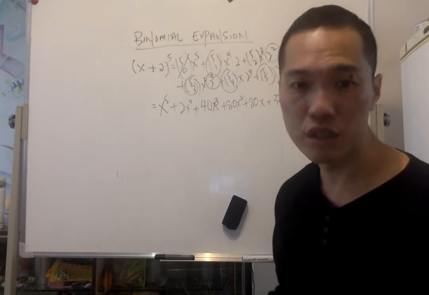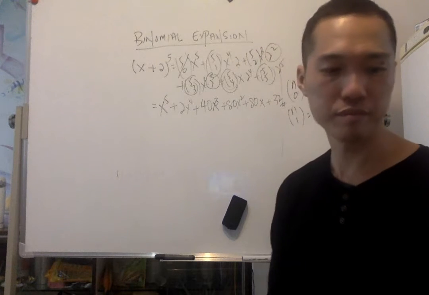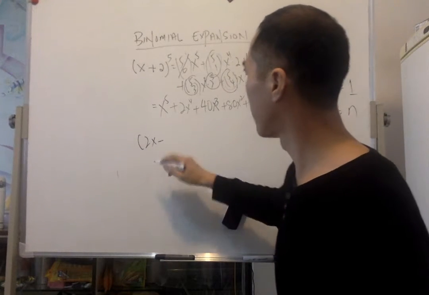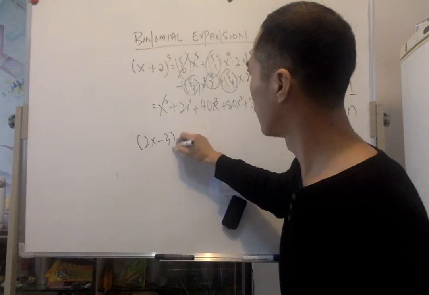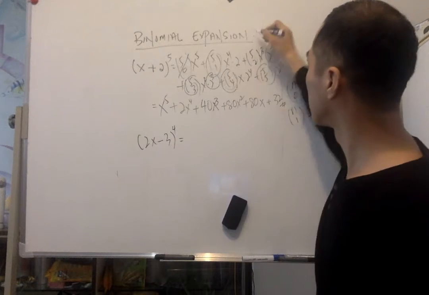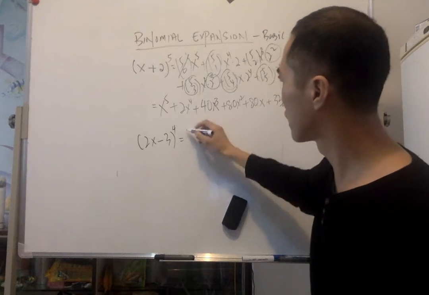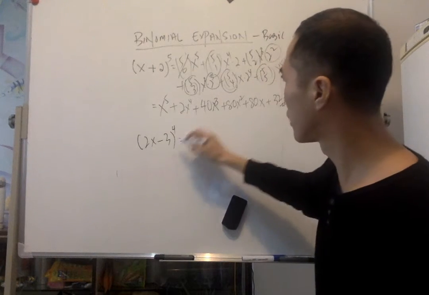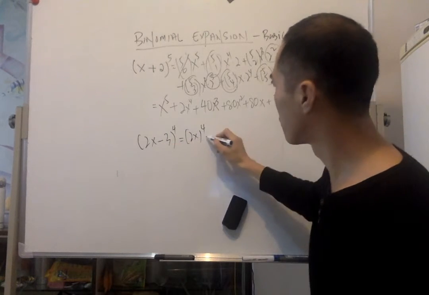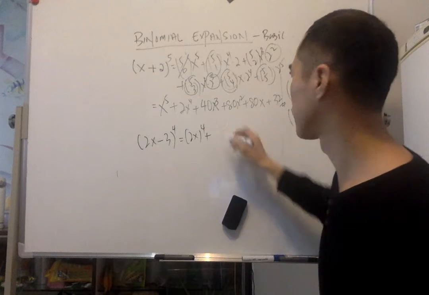Alright, so it's pretty straightforward. If you want to try the next one, let's try something a bit different. This is (2x minus 3) to the power of 4. This is called the basic calculation. In this case, I have 4 choose 0, which is 1, and this is (2x) to the power of 4. Then I do plus first, because I know there's plus and minus anyway, but I'll do plus first.